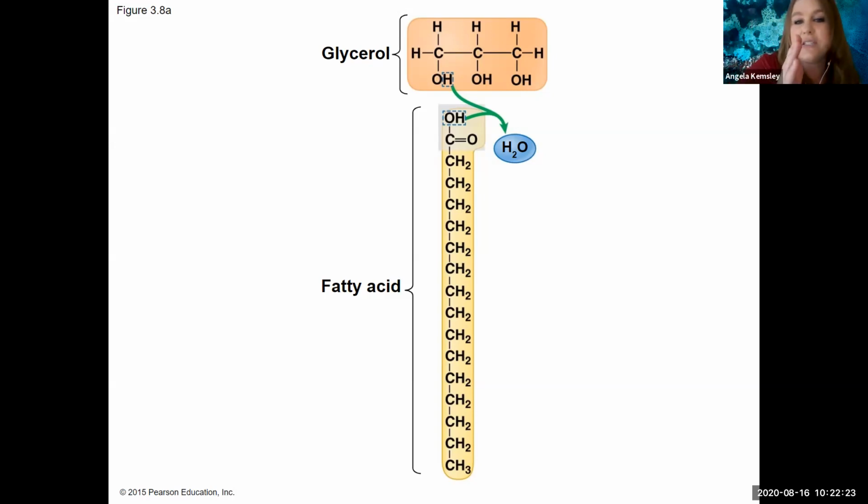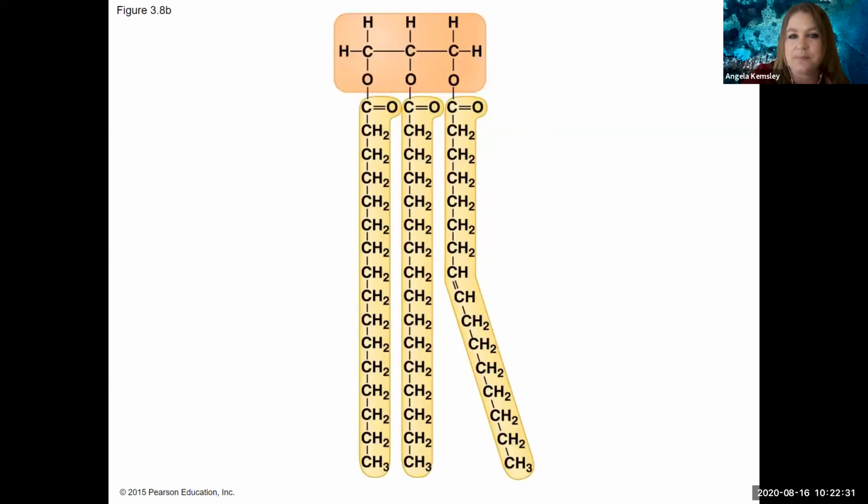We're going to do this for each hydrogen at the bottom of glycerol. So here's one chain. What the lipid actually looks like is this. It will perform a dehydration reaction 3 times and attach 3 fatty acid chains. So this is the basic structure of a fat: glycerol at the top, the 3 fatty acid chains at the bottom.